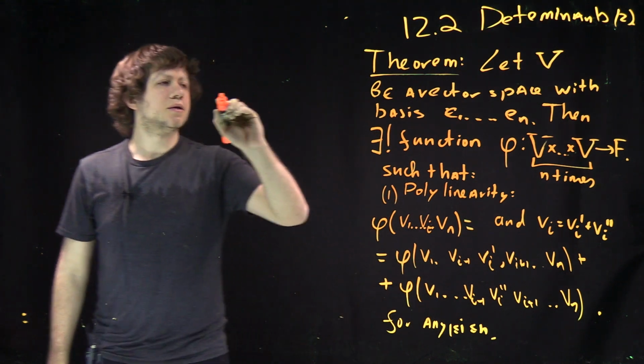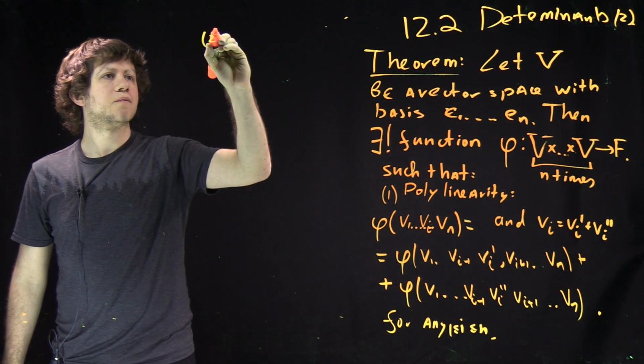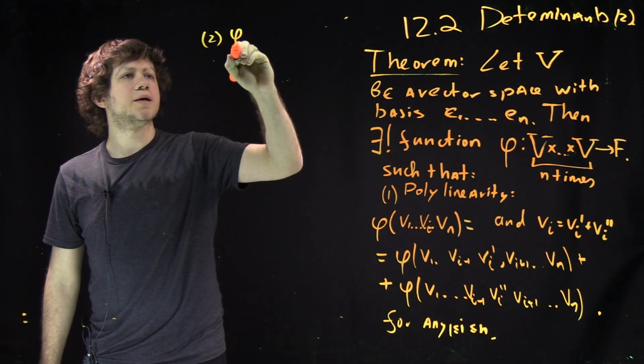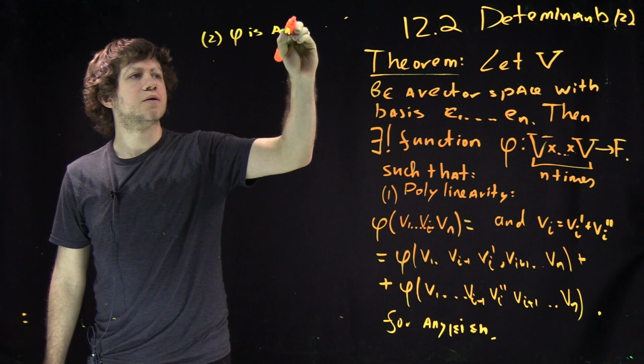So the second property is called phi is antisymmetric.